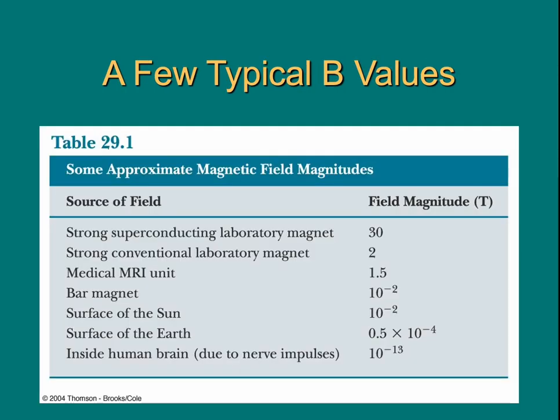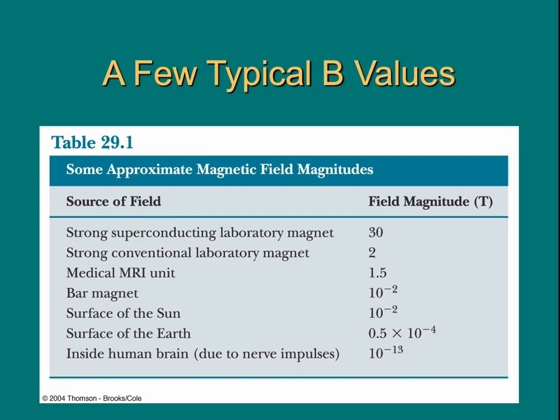And these are typical magnetic field values. A strong superconducting laboratory magnet generates a magnetic field of 30 Tesla. The medical MRI unit generates about 1.5 Tesla. The bar magnets we play around with only generate about 0.01 Tesla.